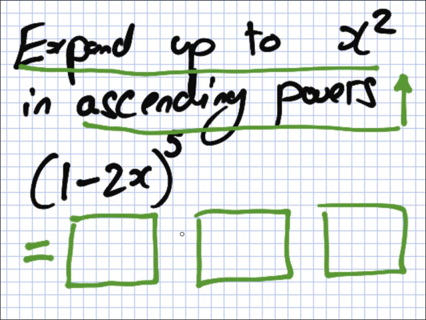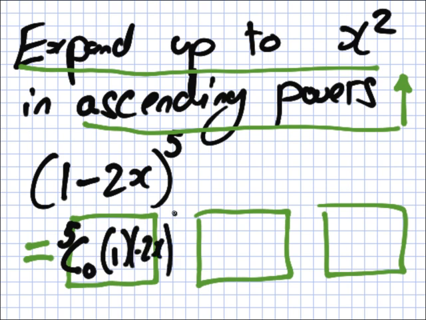So give me the 3 terms here. I'll get you started. The first one will be 5c0, 1, and then minus 2x. And this power must be 0, and this power must be 5. Okay, so you give me the next 2.